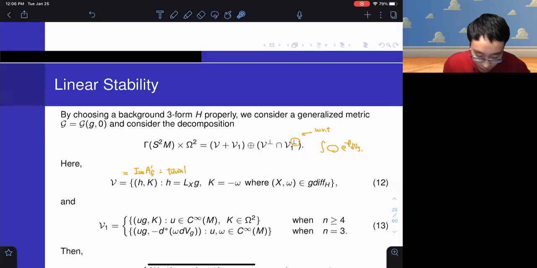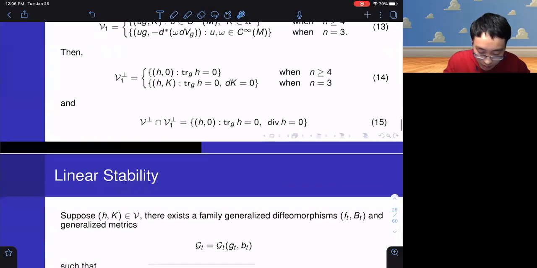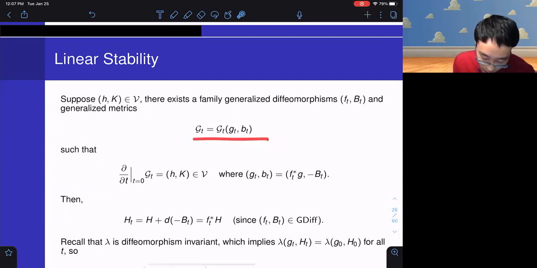Before I mention other spaces, let me explain more carefully why this is the trivial part. By definition, if HK lies in V, we have a family of diffeomorphisms GT such that the derivative of GT lies in HK.